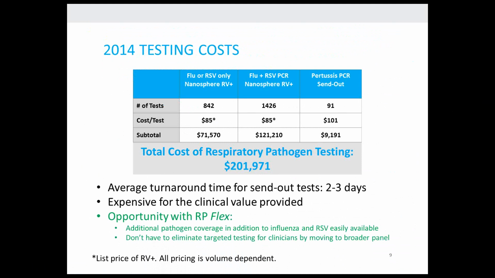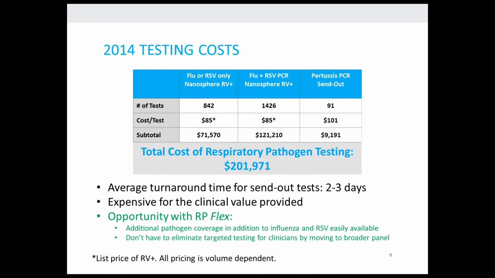So looking at costs, if you look at our middle column here, this is our data for 2014, the last full year that we were using the RV Plus from Nanosphere, and that includes the flu and RSV on that panel.